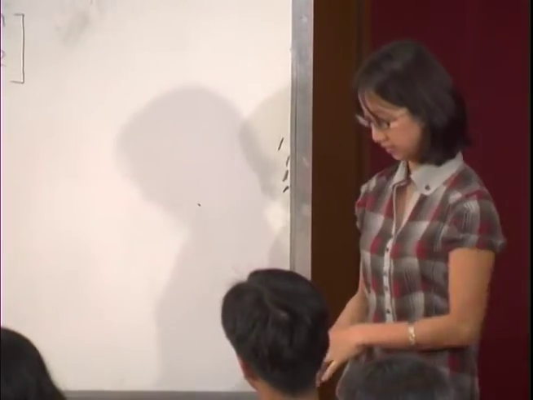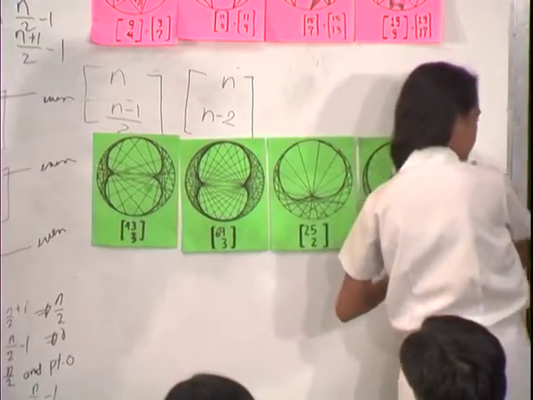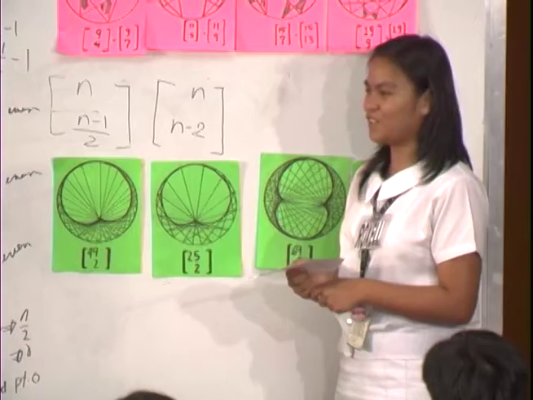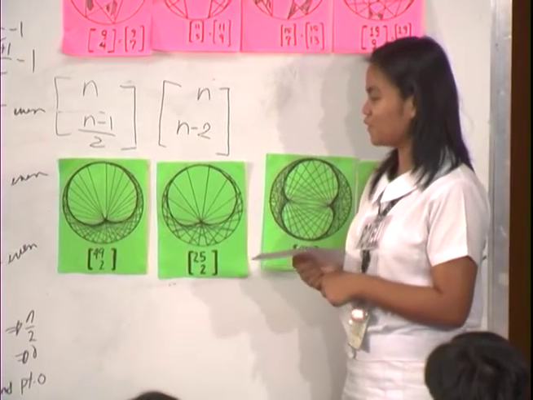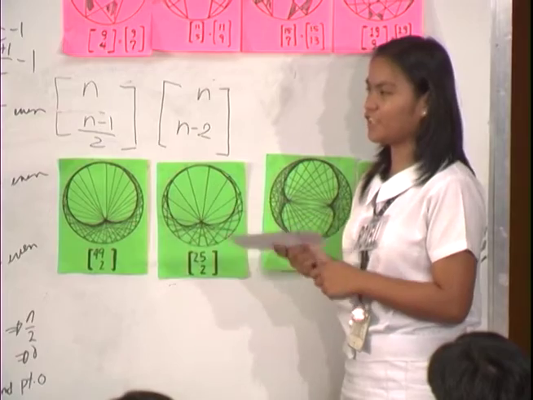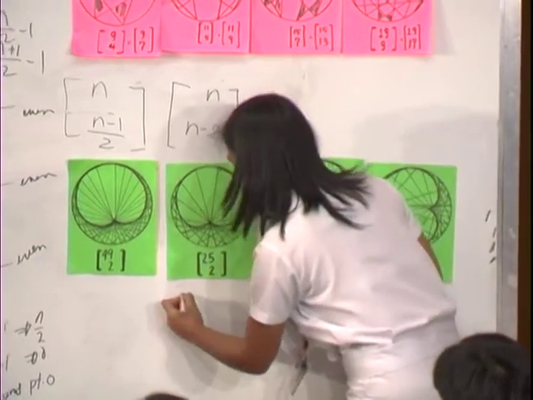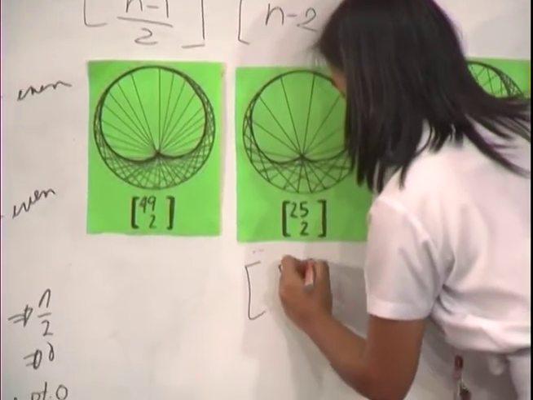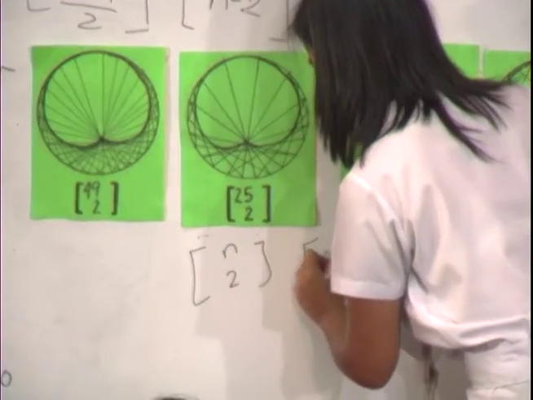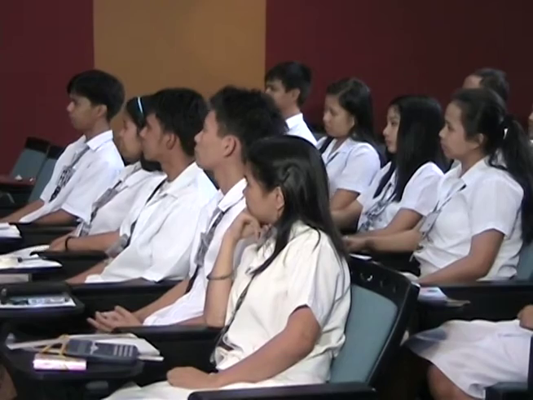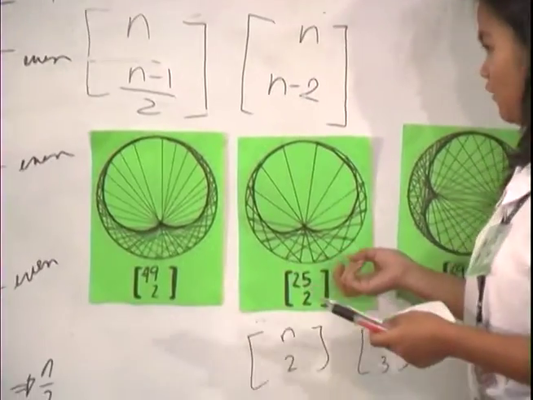Another interesting graph. What will you show us? So our group was assigned to give different values for n which is greater than or equal to 19 and graph n2 and n3. So for the first case, we let n as 49 and 25.